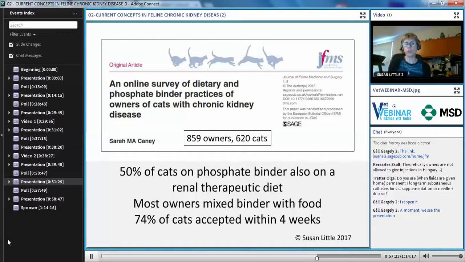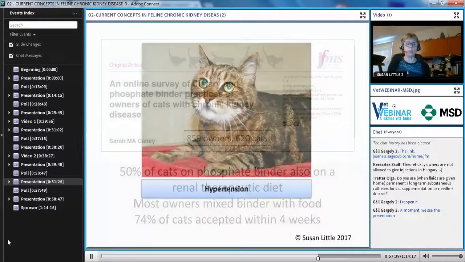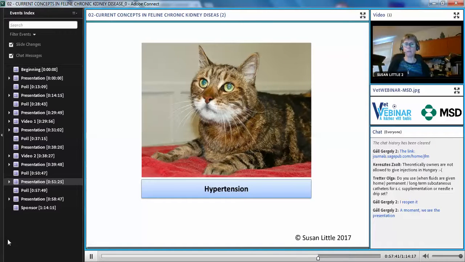And most owners used a product that they could mix with food, and the majority of cats accepted that phosphate binder mixed into their food within a period of a few weeks. So acceptance might not happen immediately, but if the owner is slow and patient, the majority of those cats accepted the phosphate binder in their food within the 4 weeks. So that's good news.